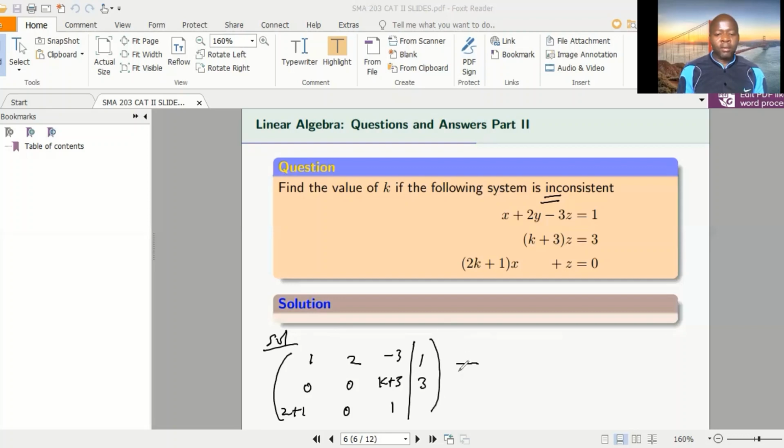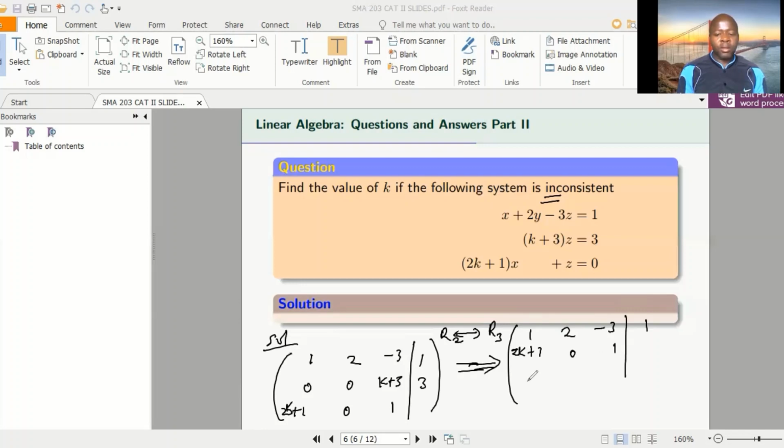What I want now is to interchange row 2 and row 3, even before I make it 1, 0. Let's see how the matrix looks. It will be 1, 2, negative 3, 1, 2, 2K plus 1, and this will be 0.